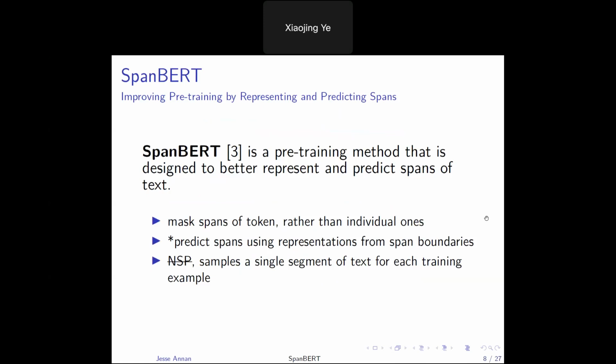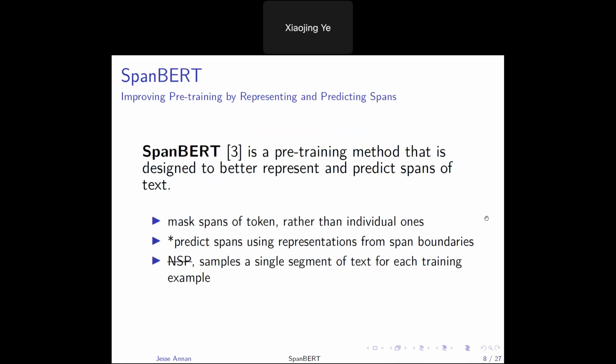They would rather mask this and this than mask any random token in the sequence. Then they also took out the next sentence prediction task and introduced their novel idea, which is the span boundary objective. We'll take a look at what these two are.